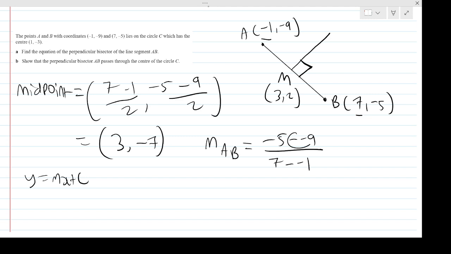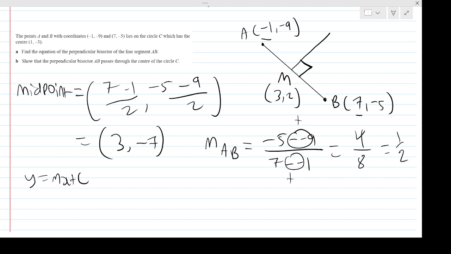But okay, so let's go back to the gradient then. So again, we have two double negatives, so we have a plus here and a plus here, which helps us to calculate it. So we have minus 5 add 9, that would now be positive 4. Then we have 7 add 1, which is 8. 4 over 8 will go to a half.